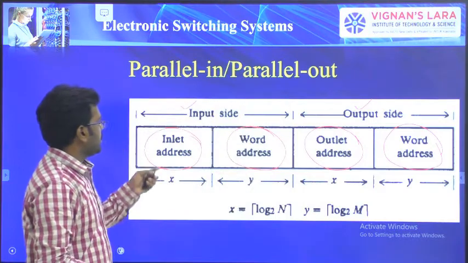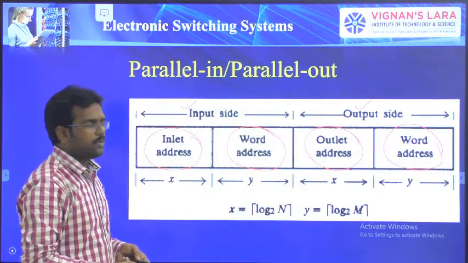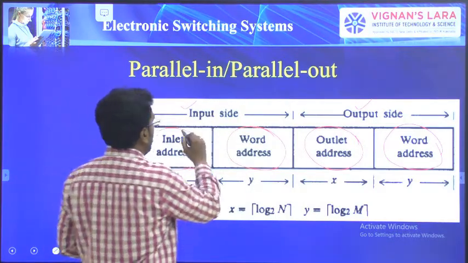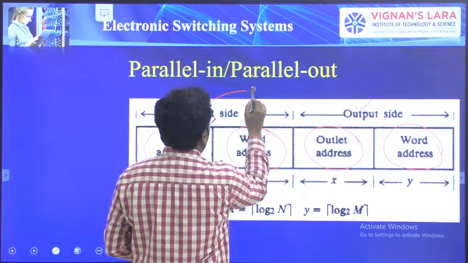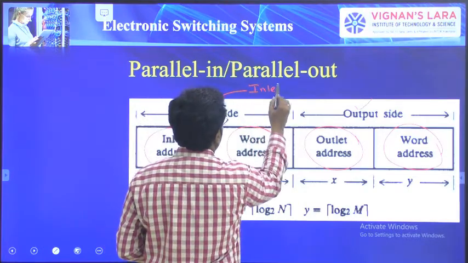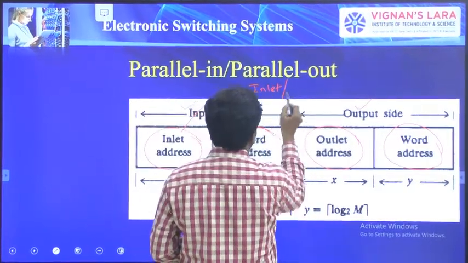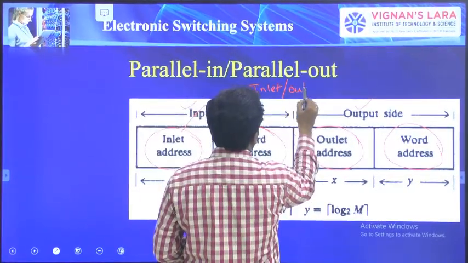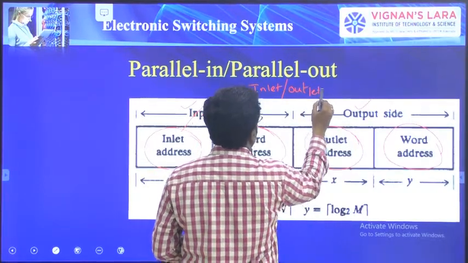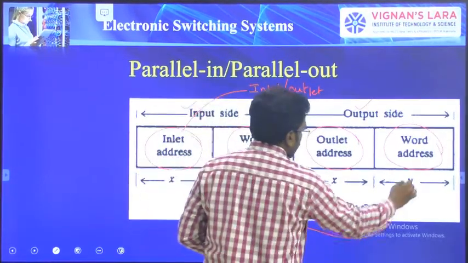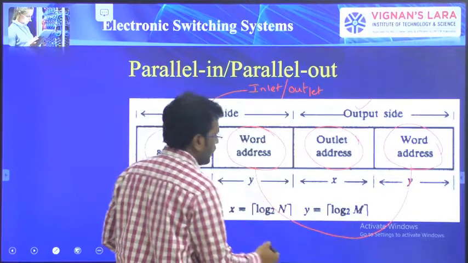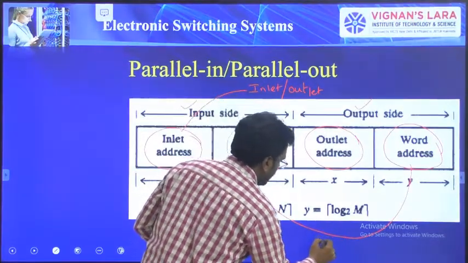With the help of this inlet address and outlet address, you can establish a connection between a corresponding inlet and outlet. With the help of this word address, we are going to provide a connection between time slots.